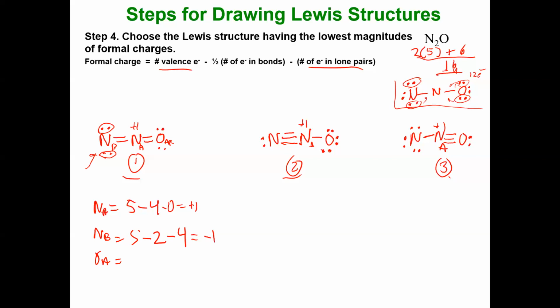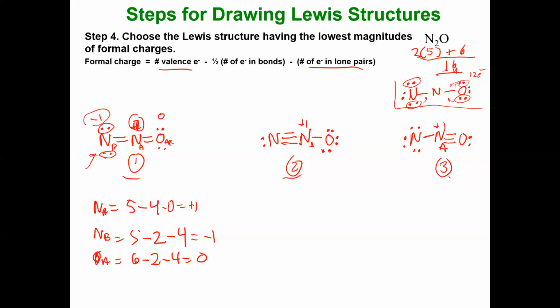So then we said that this was +1, and this is -1. You may remember oxygen likes to have 2 bonds and 2 lone pairs, so it's probably better. 6 minus 2 for the 2 bonds, minus 4 for the electrons in lone pairs is 0. So we see that the +1 and the -1 cancel each other out.